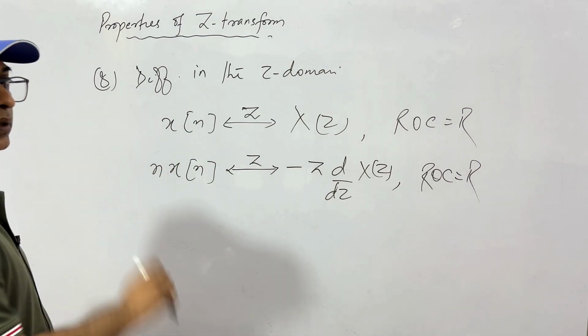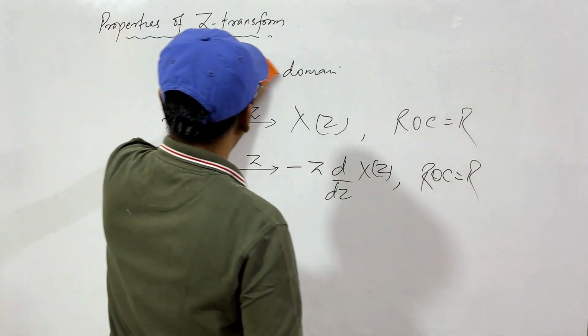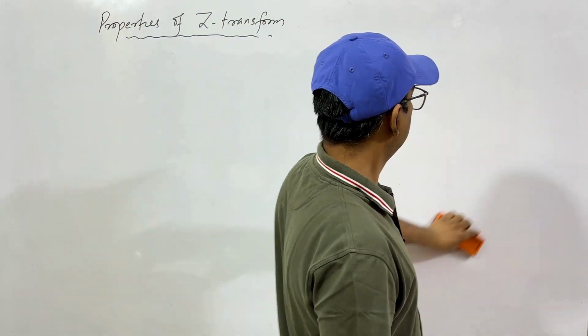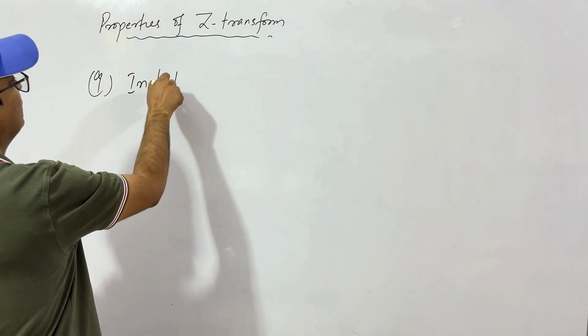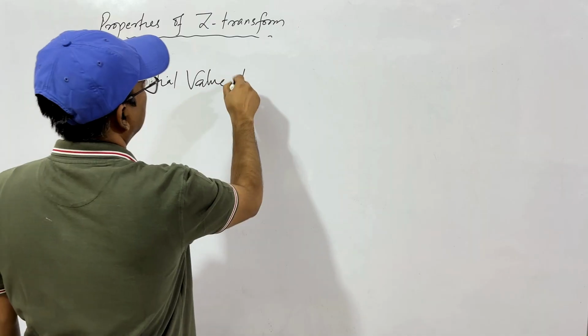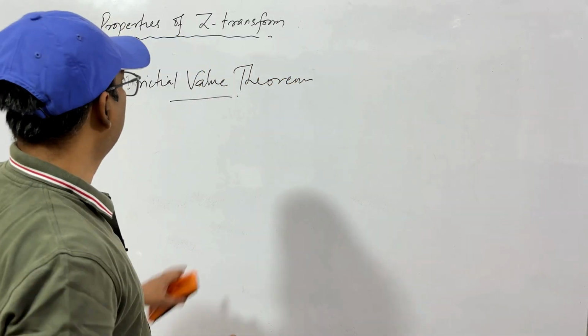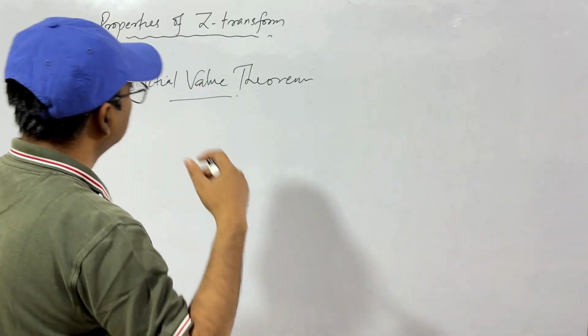I'm giving one more property and then we'll see some examples. The last property is the initial value theorem. This video will end on this property, but we'll see some more properties later on.